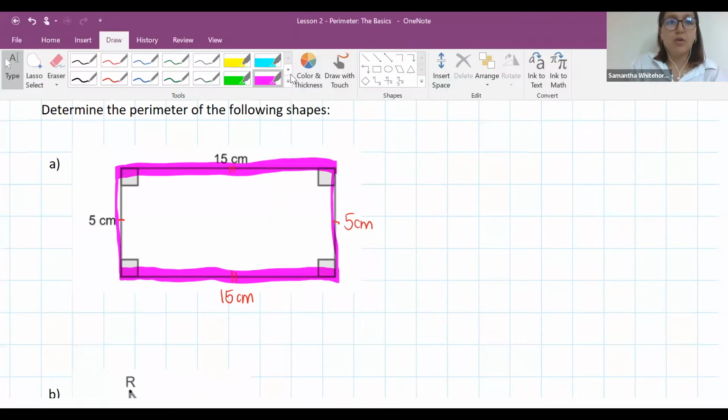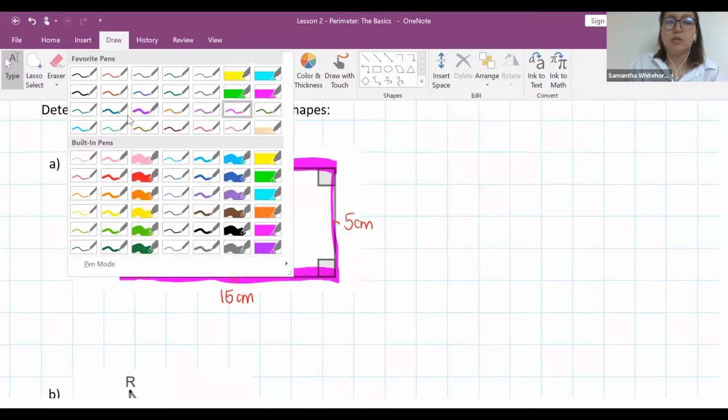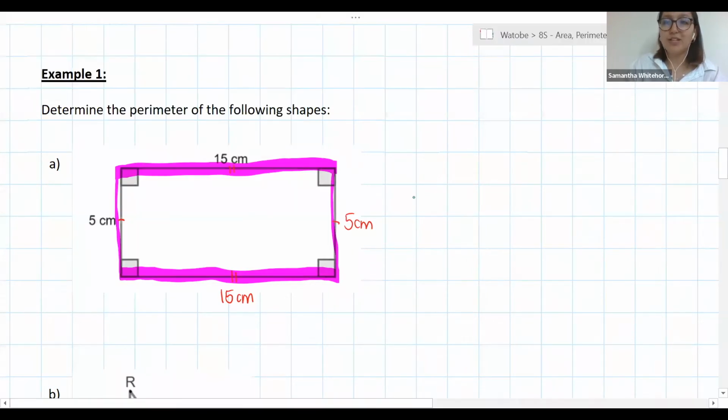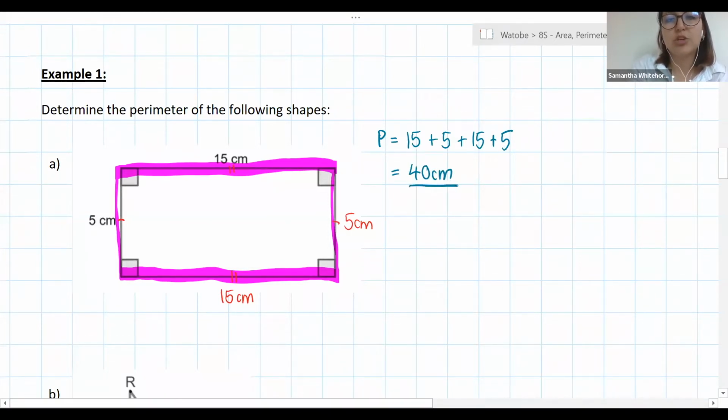All we need to do to find our perimeter is add all 4 of these side lengths together. So perimeter, we can use a P to represent. The perimeter in this case is 15 plus 5 plus 15 plus 5. And that gives me a total of 40 centimeters. So the perimeter of this rectangle is 40 centimeters.